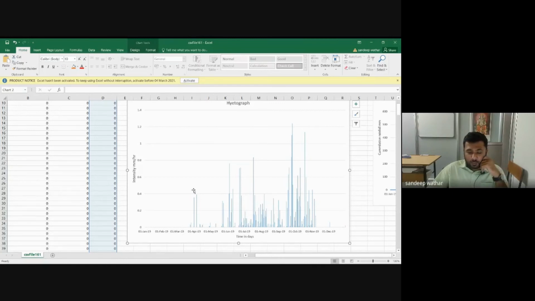But if you observe here, one thing we can understand is that rainfall is taking place serially. It means every next day, or in any week at least 3 or 4 days, we are getting rainfall during this period, right? But what we need to focus on is whether this rainfall is equally distributed. Meaning, in every day.